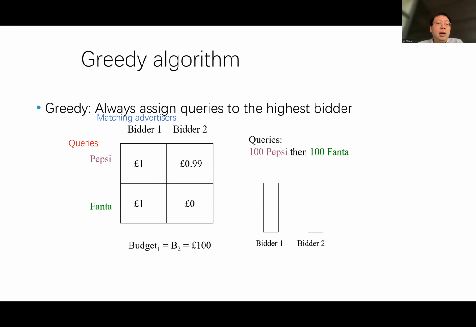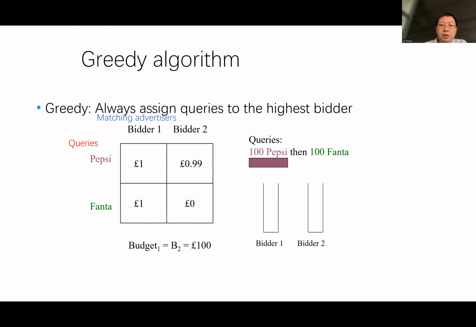So if a query Pepsi comes, the search engine will display bidder one's advertisement. Let's say there's only one slot at this moment, and let's say that they all have 100 pounds as budget. And the queries come in the order of 100 Pepsi followed by 100 Fanta.